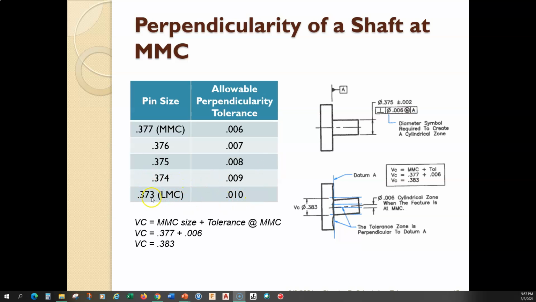So on and so forth. 0.373 plus 10 thou equals 0.383. Okay? So that's how we use maximum material condition.